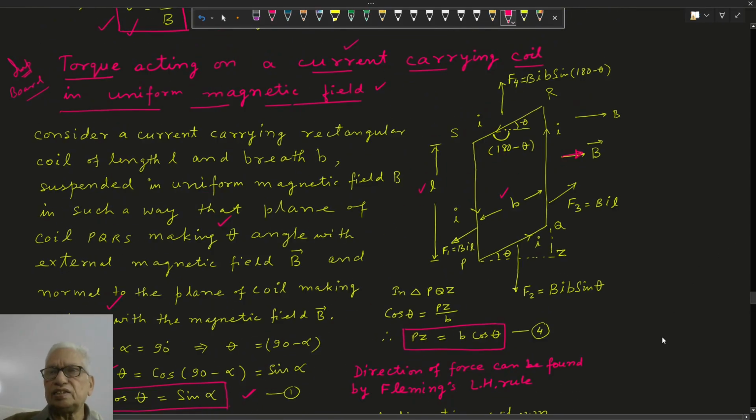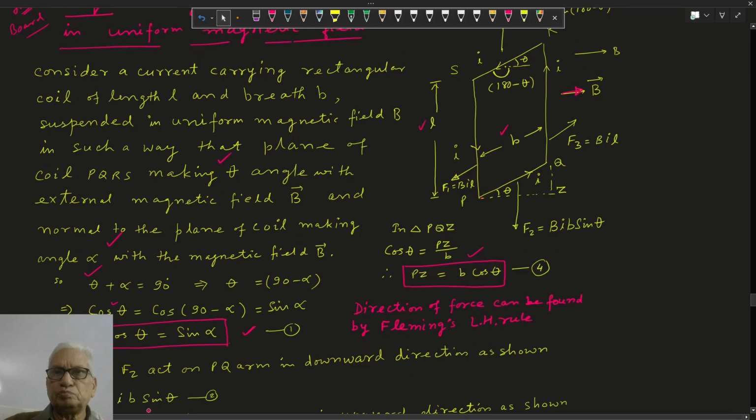Now here in this triangle PQZ, cos theta will be PZ upon hypotenuse PQ, which is small b, the breadth of this coil. So PZ will be b cos theta. Now force on PQ wire. We will use Fleming's left hand rule, and here the angle is not 90 degrees, the angle is theta.